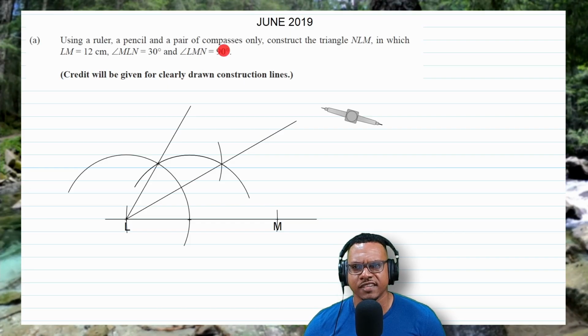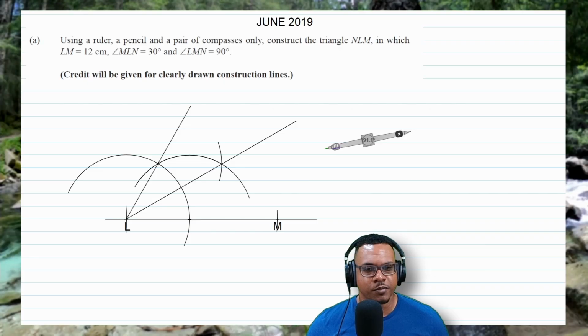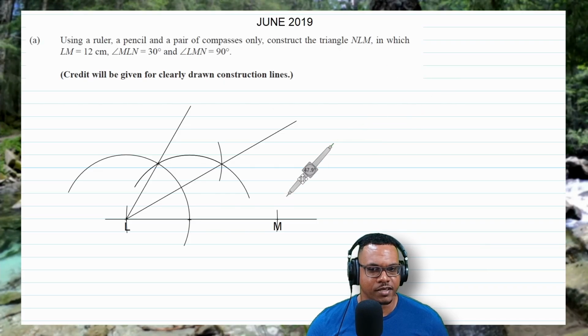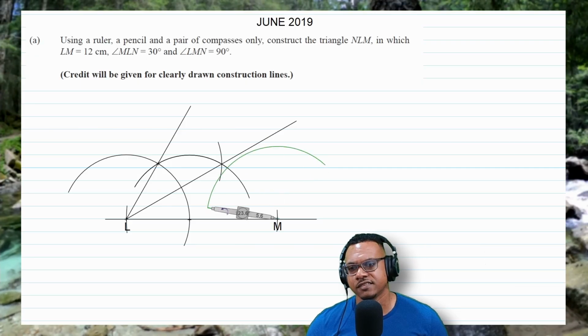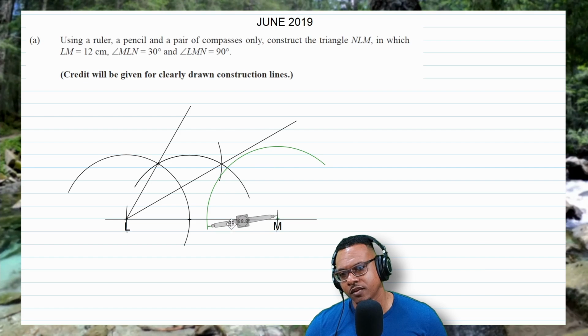So now I have to construct 90 degrees at M. So I'll open my compass out at a distance that I'm comfortable with again. Place my compass point at M. I'll make an arc like this. Where that arc cuts the line, place my compass point there. Make an arc like that.